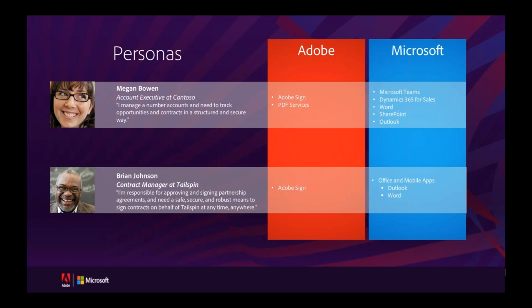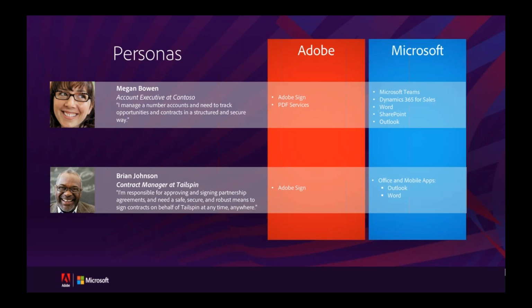And then Brian Johnson. He's a contract manager at Tailspin. He is a person who is often remote and using his mobile devices. He needs to have visibility into everything going on with the company's legal documents, and to do so from anywhere, which is a critical thing.